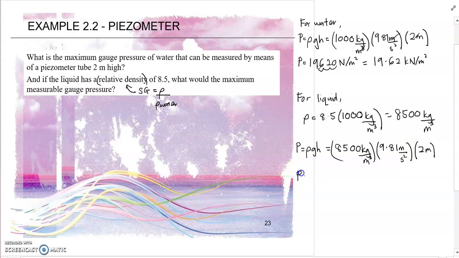Solving this, you get pressure as 166,770 Newton per meter squared. It would be nicer to convert to kilonewton, so the final answer is 166.77 kN per meter squared. This is the answer for the liquid, and the earlier one is for water.